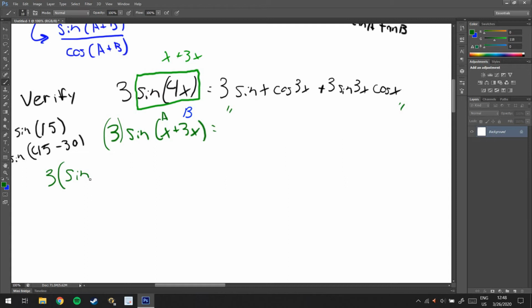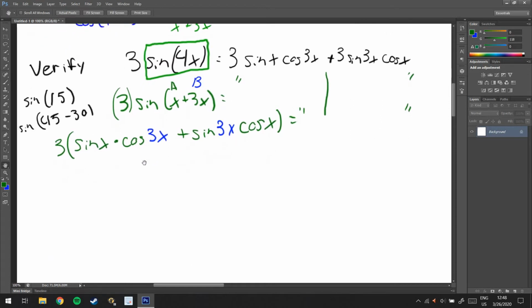So I have sine of A times cosine of B plus sine of B times cosine of A is equal to, just bring this down again.